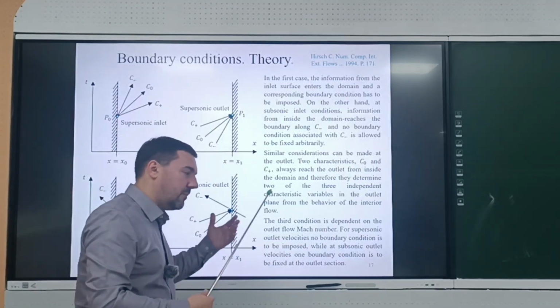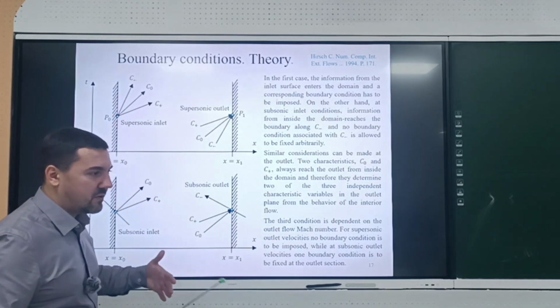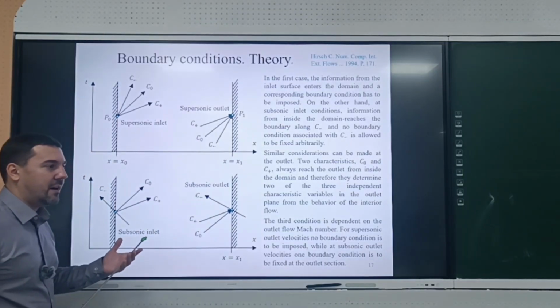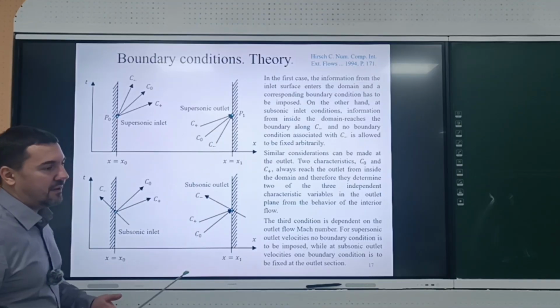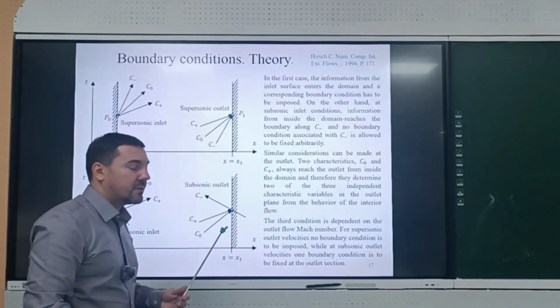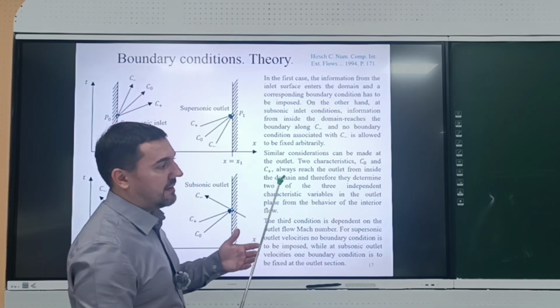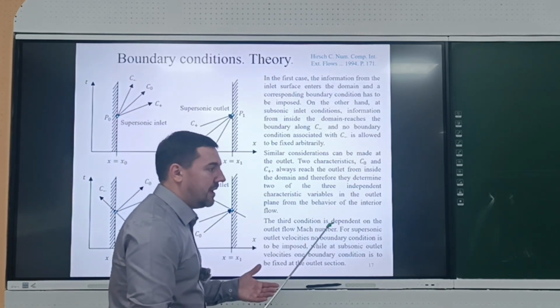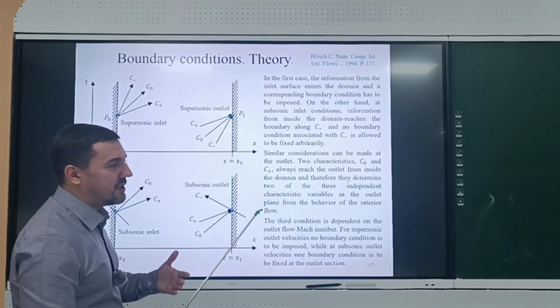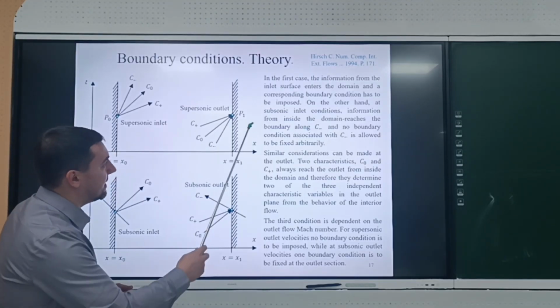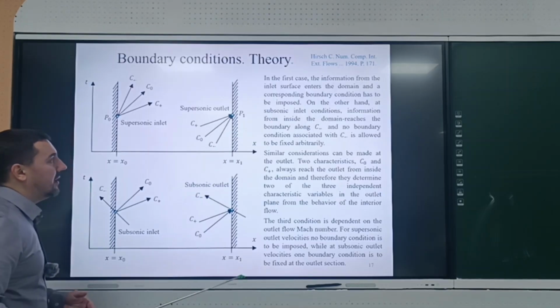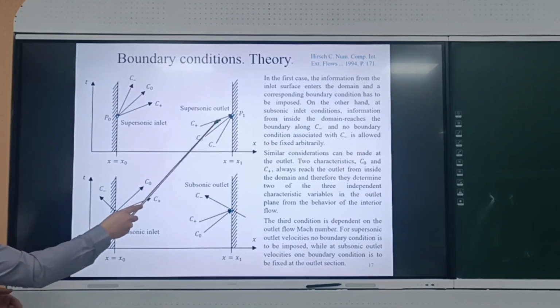Although from a mathematically rigorous consideration you do not need to apply any boundary conditions, anyway, you should set something in your ghost cell. But the numerical implementation should work in such a manner that it does not affect the solution here in your ghost cell for the case of supersonic outlet.